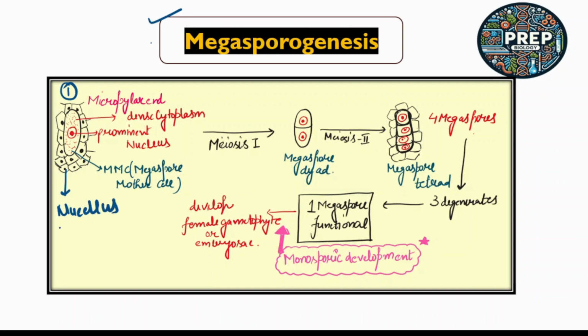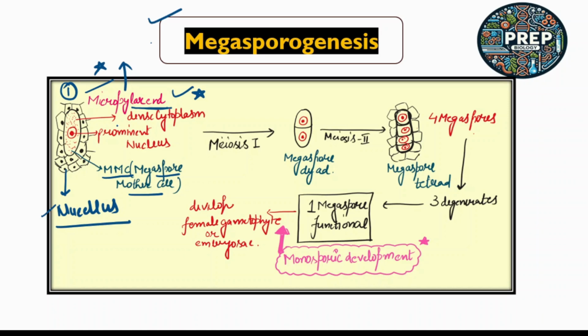Inside the nucellus, make sure, this is important, at the micropylar end, the ovule differentiates a special kind of cell, that is called the MMC. What is the full form of that? That is the megaspore mother cell. At which end does the megaspore mother cell generate? At the micropylar end. This is very important.